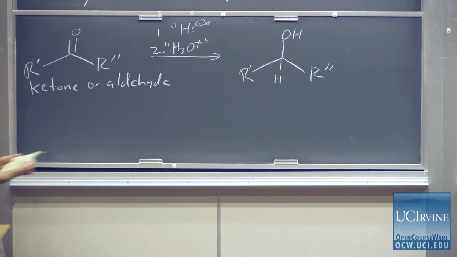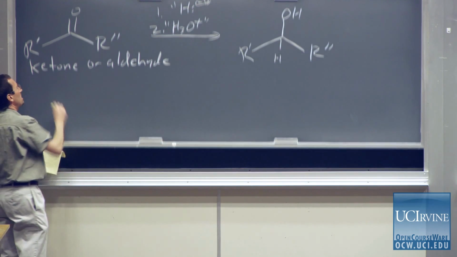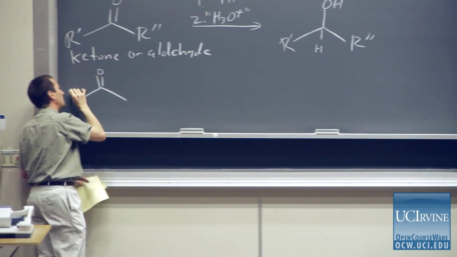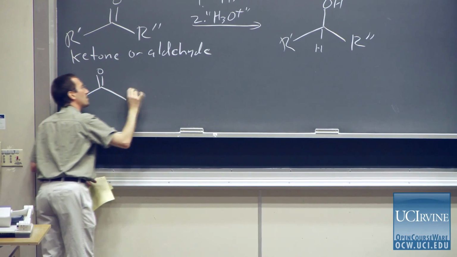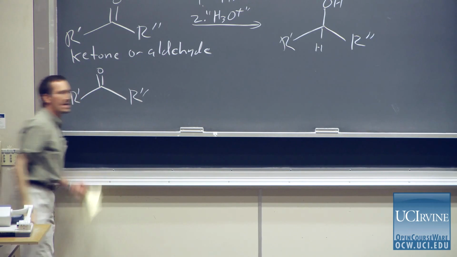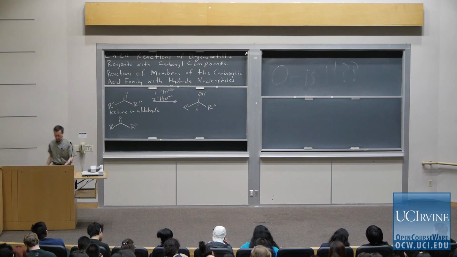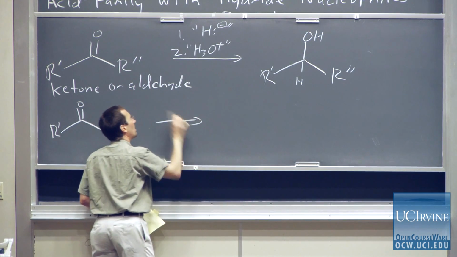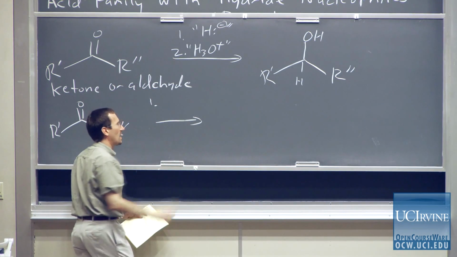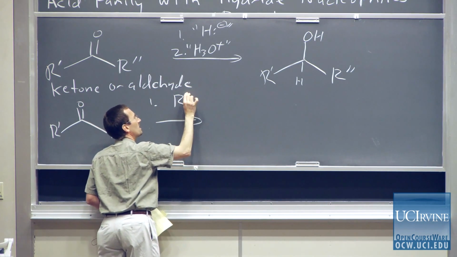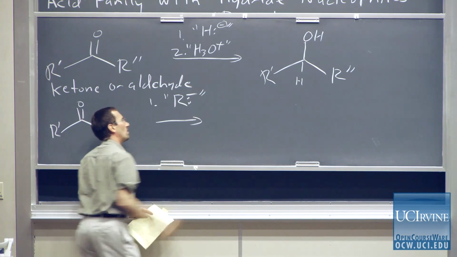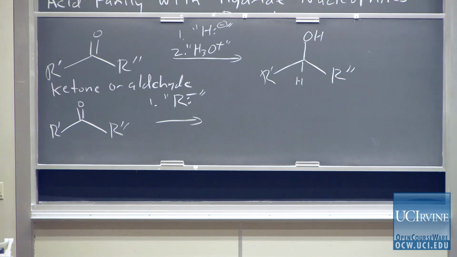Now, what I'd like to do at this point is to consider an analogous reaction, again, written at this point as an abstraction. So again, we'll take our ketone or our aldehyde, and we'll imagine instead of adding our hypothetical hydride anion, we're going to add something that I'll say is R minus with a lone pair of electrons, meaning a carbon-based anion.